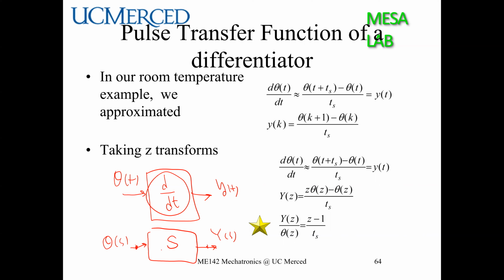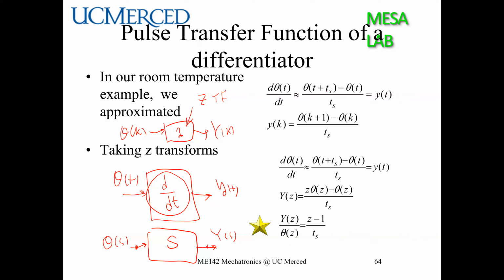That's your s, right? But I'm curious now, so I have theta k, put it here, you get a yk. So what do you put here as a z transfer function, such that this is like a differentiator? So there are two things to do, okay? The first thing is, I assume in the continuous time domain, and this is discretized this way.